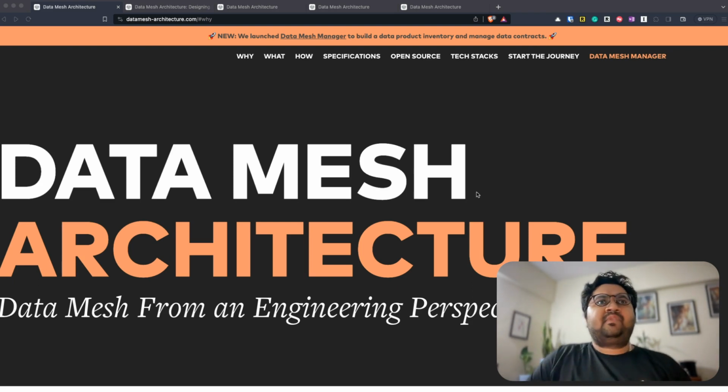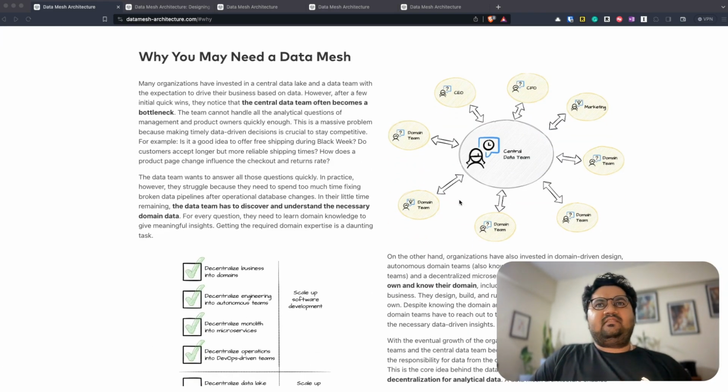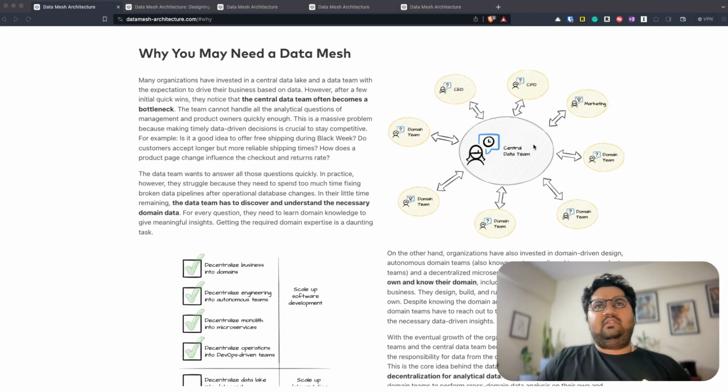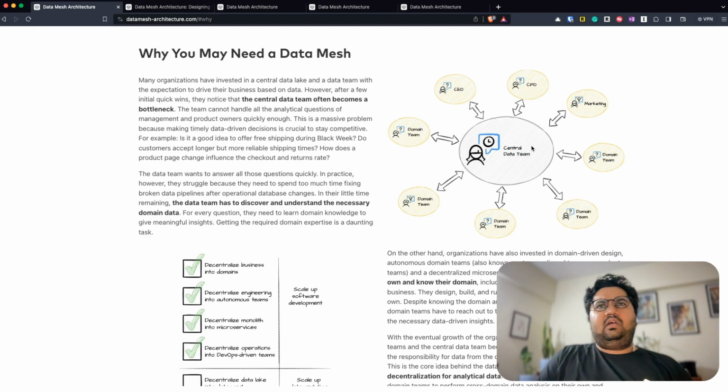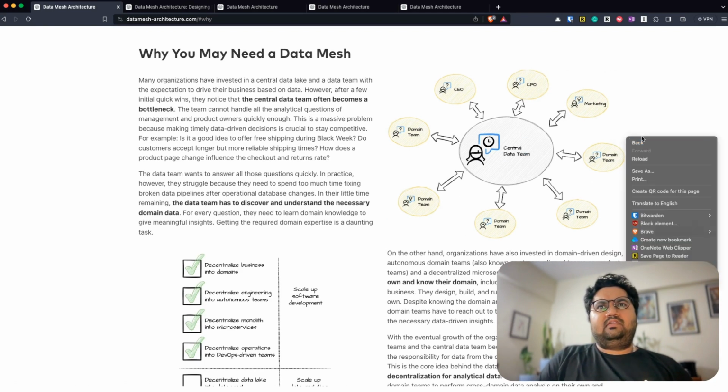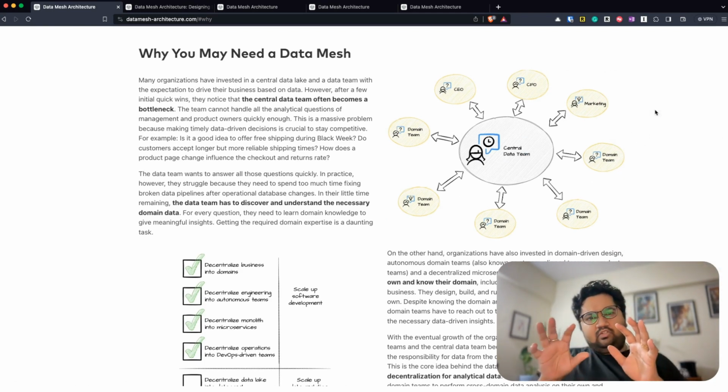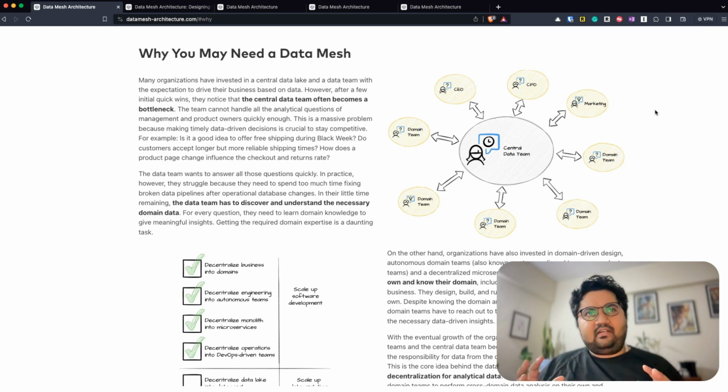Let's deep dive. So let's take a look at this diagram that I have on the screen. Now this talks about a central data team, which you must have heard about. Data lake is a very popular concept, or a single team. And what happens with this team is you have different consumers of the data.